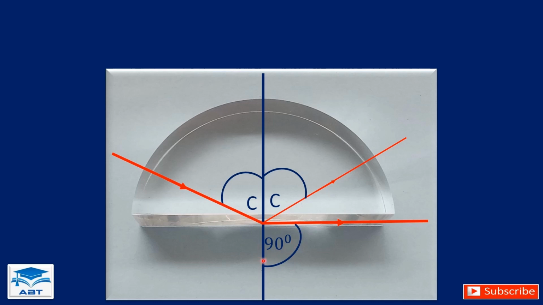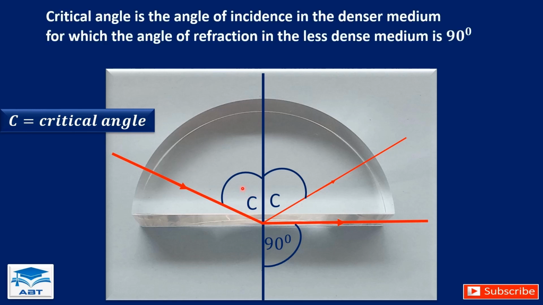At this point, the refracted ray lies parallel to the boundary separating the two media. The angle of incidence for this to occur is called the critical angle. Critical angle is the angle of incidence in a denser medium for which the angle of refraction in a less dense medium is 90 degrees.